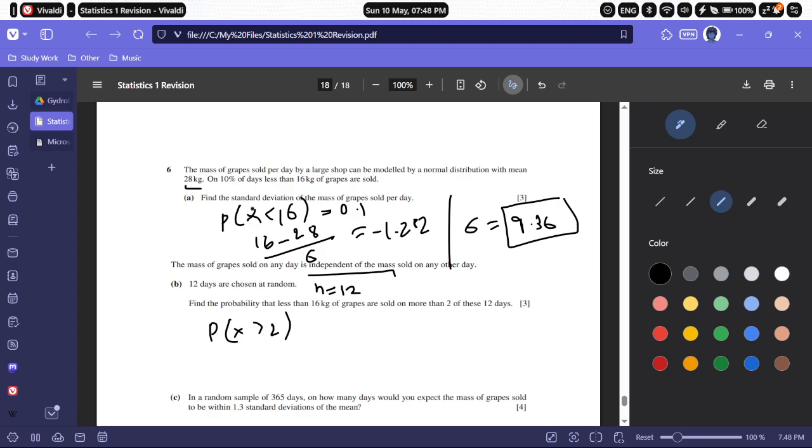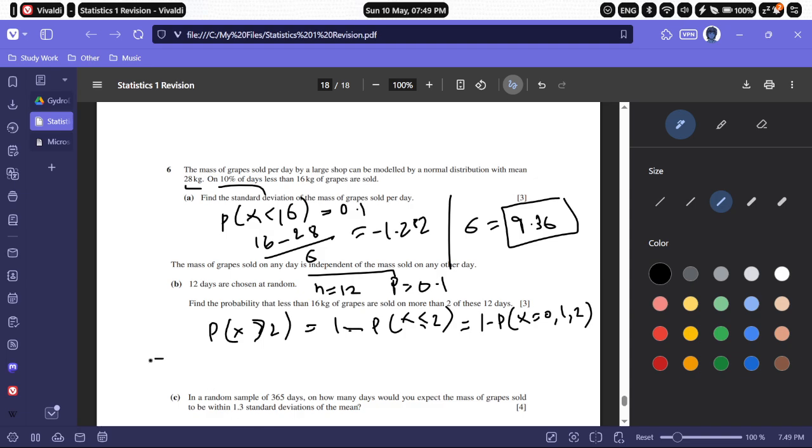They already told you that on 10% of the days less than 16 kg of grapes are sold, so your success probability is 0.1. So P(x greater than 2) is the same as 1 minus P(x less than or equal to 2), which is 1 minus P of x being 0, 1, 2.